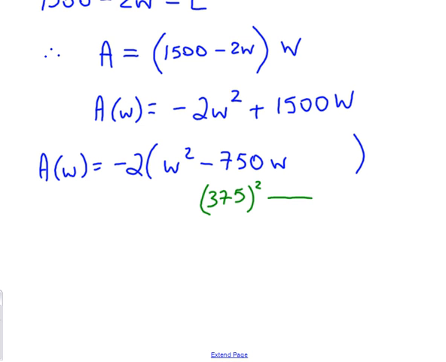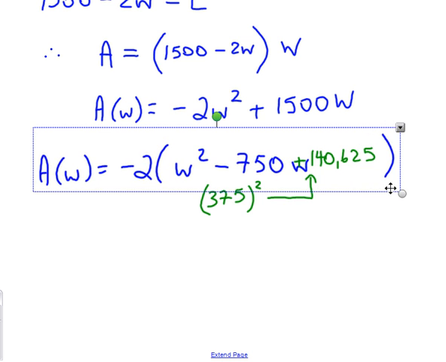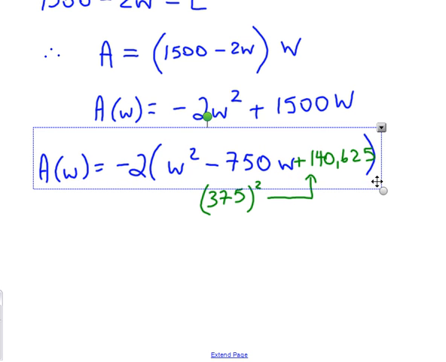I'll need to use my calculator to get that. 375 squared is 140,625. Okay, I'll make sure that fits in there.